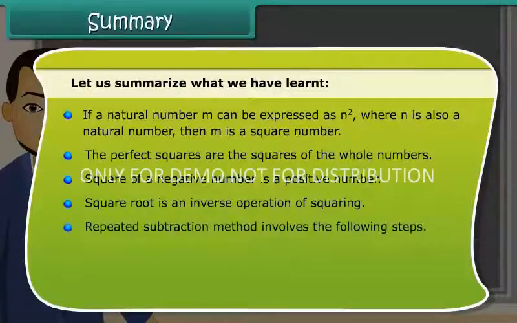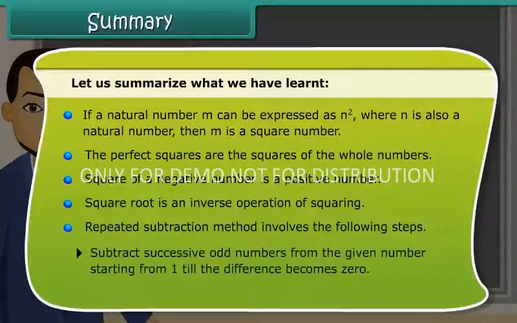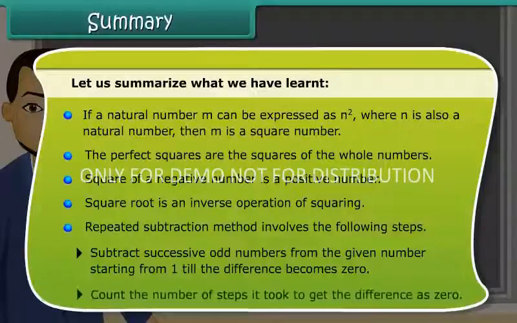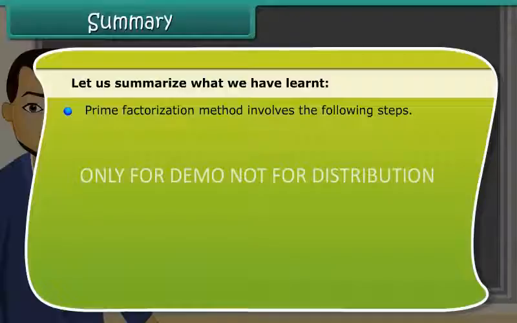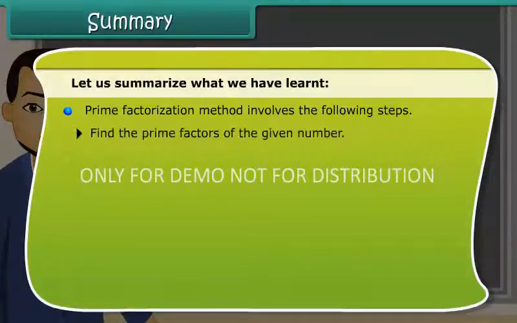The repeated subtraction method involves the following steps. Subtract successive odd numbers from the given number starting from 1 till the difference becomes 0. Count the number of steps it took to get the difference as 0. The prime factorization method involves the following steps. Find the prime factors of the given number.